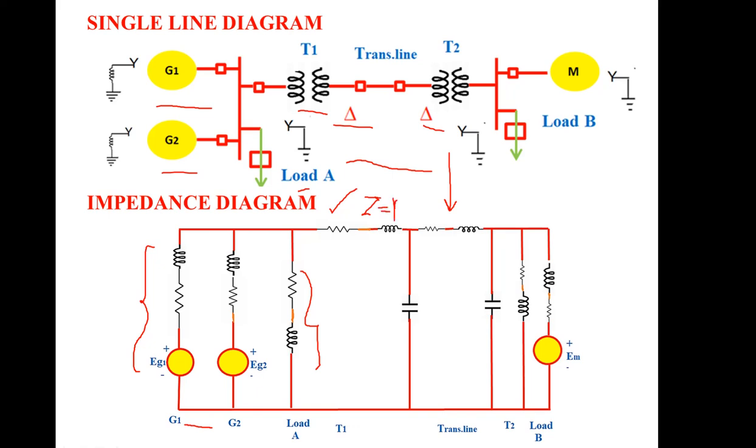Z equals R plus jX, the combination of resistance and reactance. This is your transmission line, and this is for transformer 1 and transformer 2, and here it is load B with a synchronous motor.